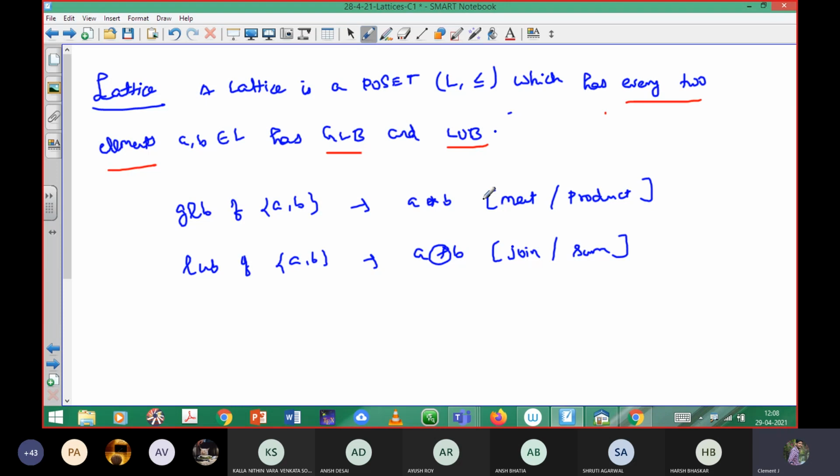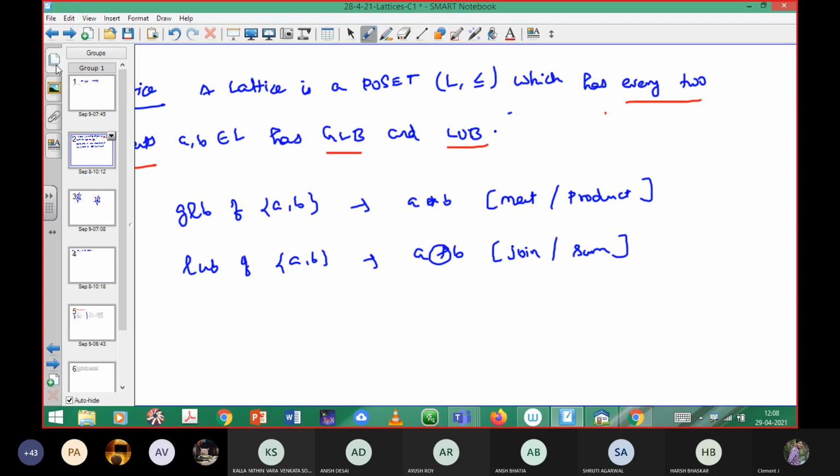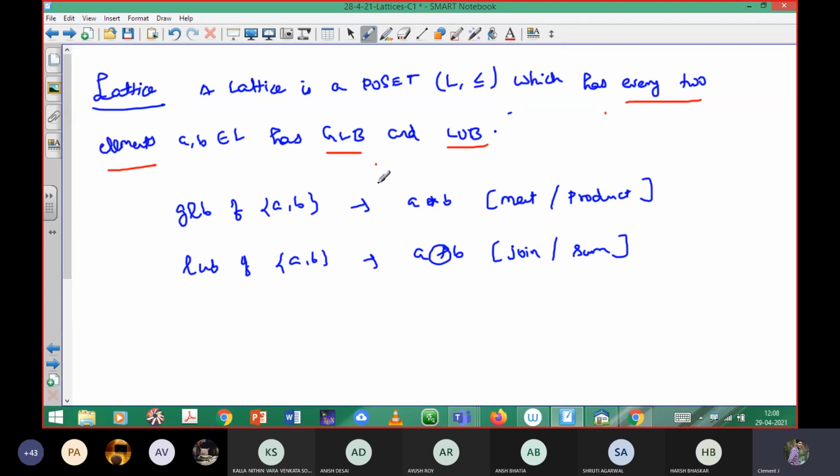Okay, thank you. Before entering into the illustration of the lattice, we can quickly see the notation of it. Usually, GLB will be denoted like a star. In your general GLB and then LUB, you applied it to a set that may have 3 elements, or 4 elements, or 5 elements, or sometimes 2 elements.